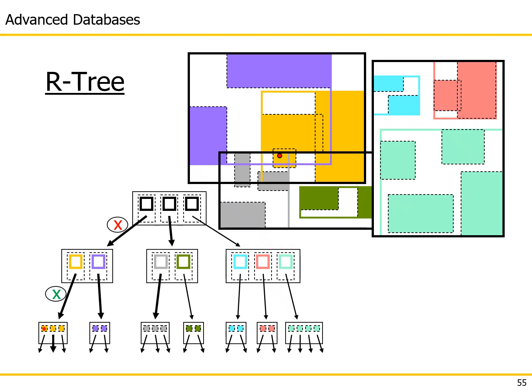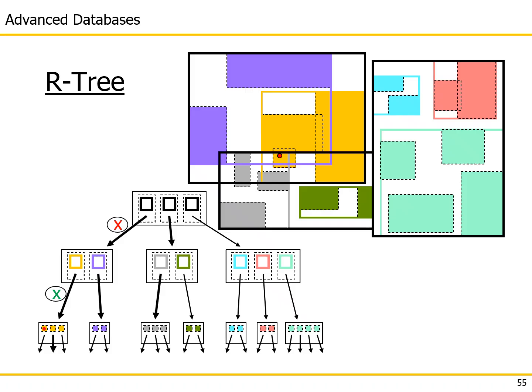So let's look at this example. If I am looking for this red dot, okay, I'm going to find it in the yellow box, which is going to be to the bottom of the R3. Now, this red dot has a coordinate, longitude and latitude, or x and y. Okay, let's just work it simply with x and y.